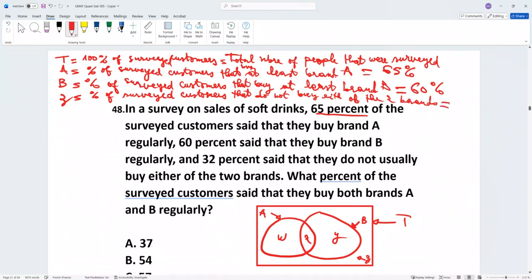And that's what he says. 32% said that they do not usually buy either of the two brands. 32%.